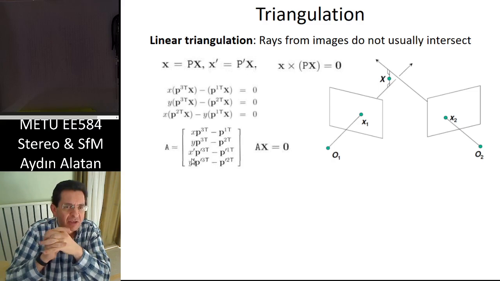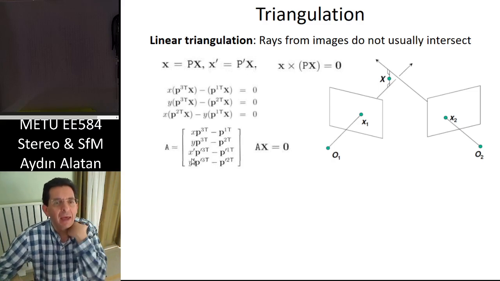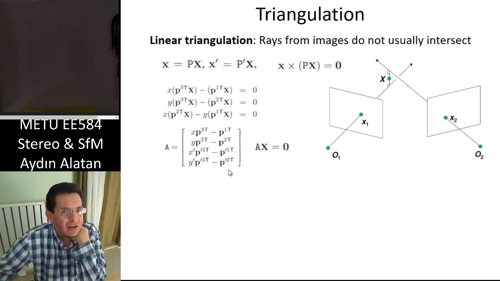Therefore, using such a relation, I am able to obtain an A matrix with everything known here, and an unknown X vector, capital X, capital Y, capital Z, and 1, homogeneous coordinates, 4 by 1. This is 4 by 4.